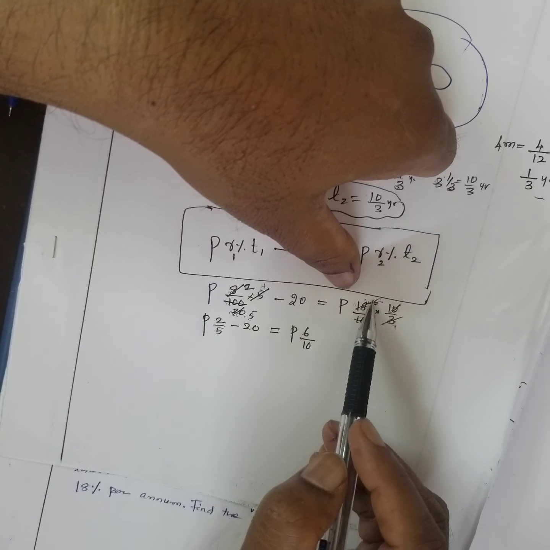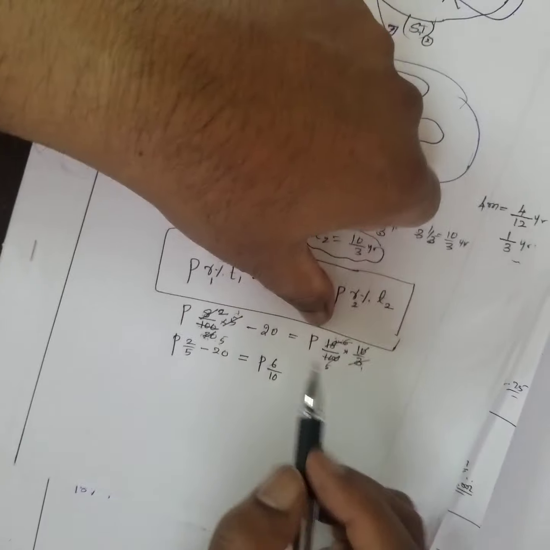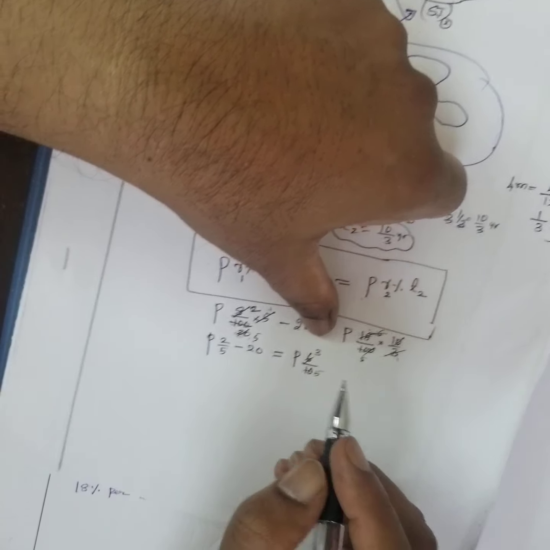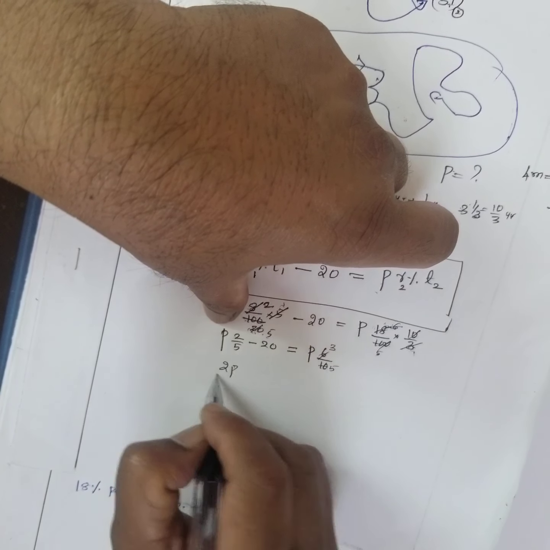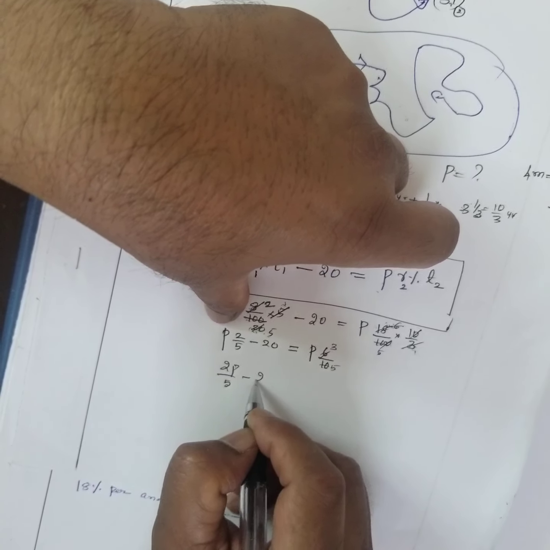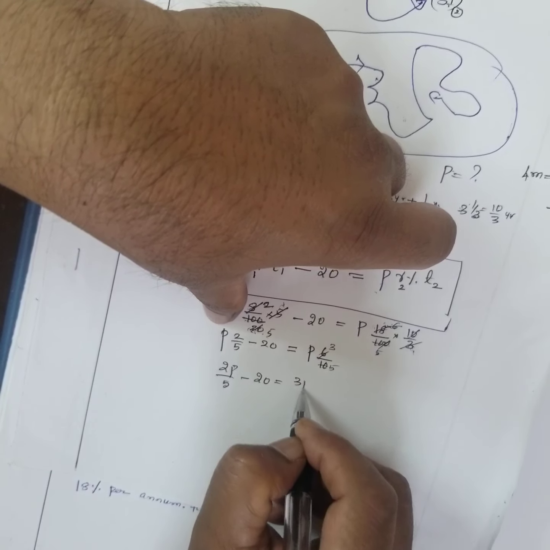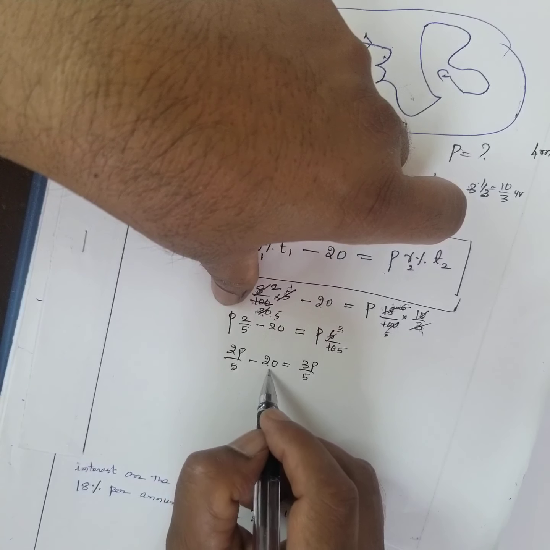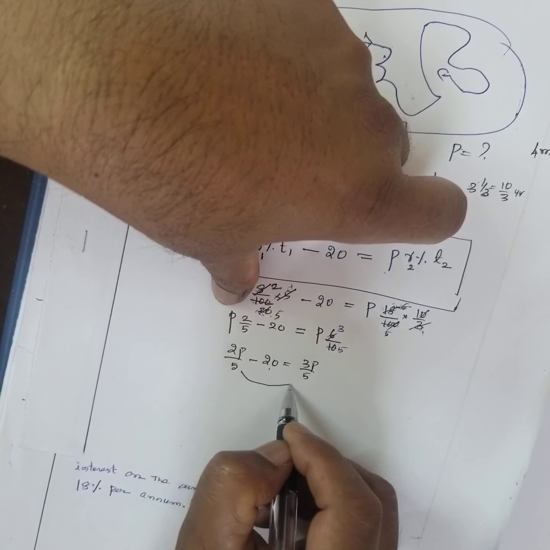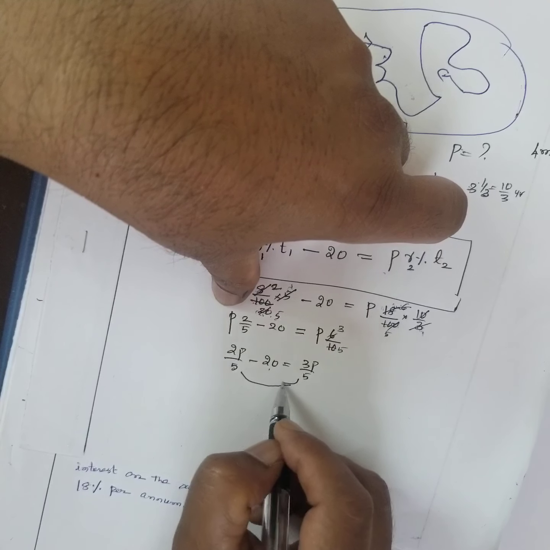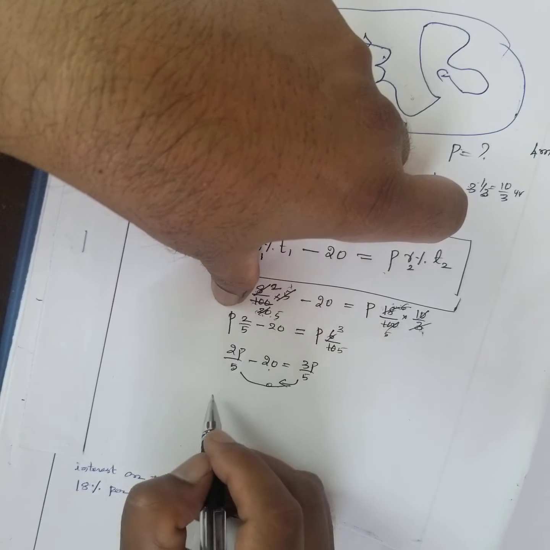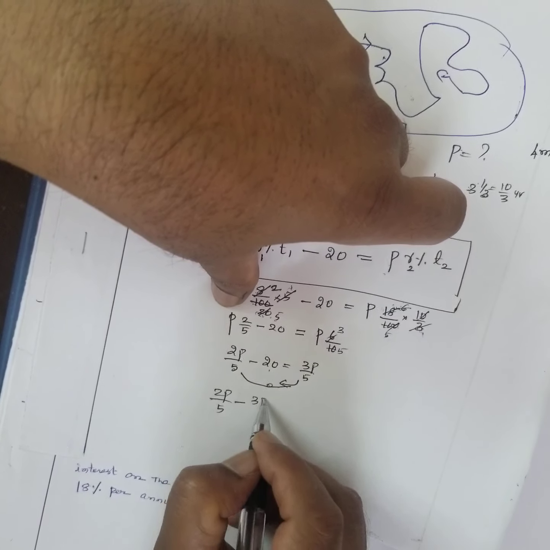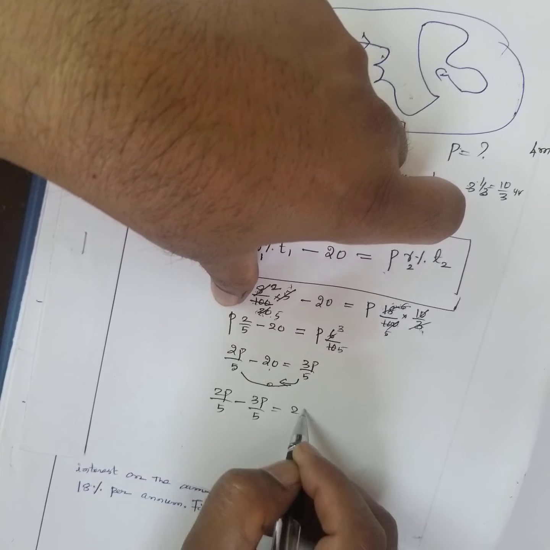The 3s get cancelled, 6. Here 10 by 10. Then here 3 times, this is 5 times. Therefore, 2P by 5 minus 20 equals 3P by 5. You send that side or you bring this side. 2P by 5 minus 3P by 5 is equal to 20.